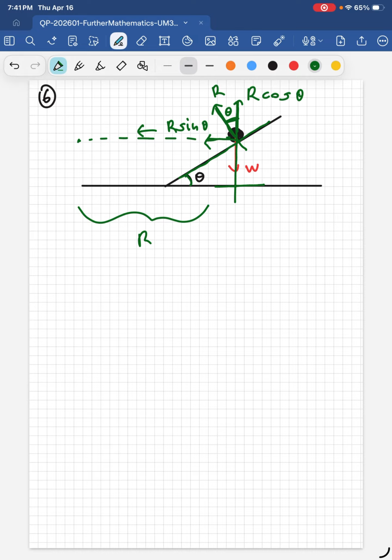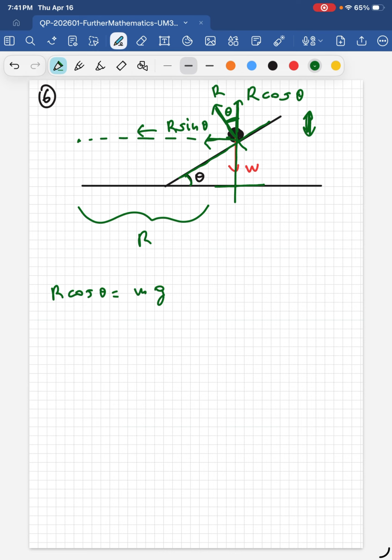Okay, and after all this math, we now have to use the equilibrium in the y direction, because the motorcycle is not moving up and down in this direction. Therefore, R cosine theta is equal to m times g.